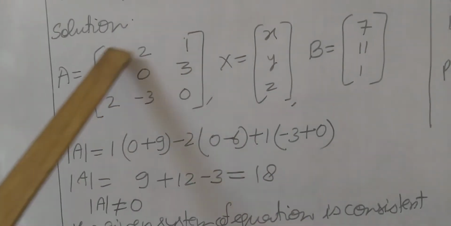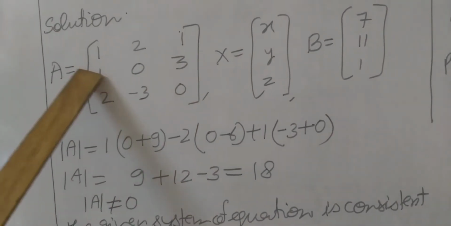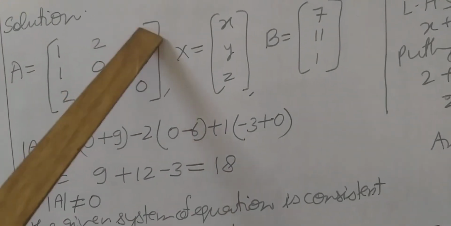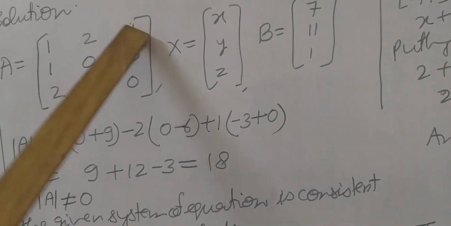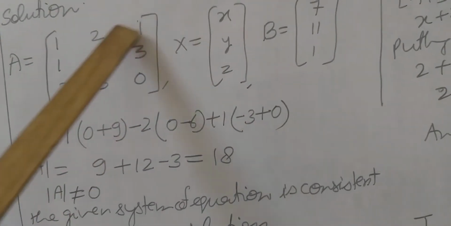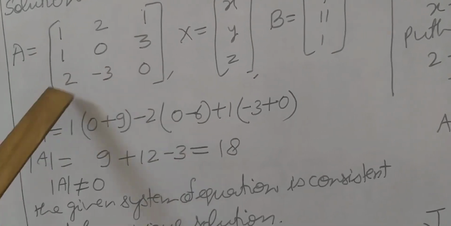Delete its column and row. The left values are 1, 3, 2, 0. Find the determinant: 0 minus 6. Now it is at the place of A13, so we write a plus sign, plus 1. Delete its column and row, student. The left part is this. Find the determinant: minus 3, 0.